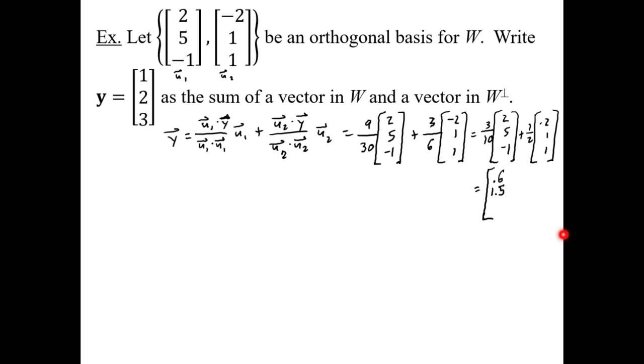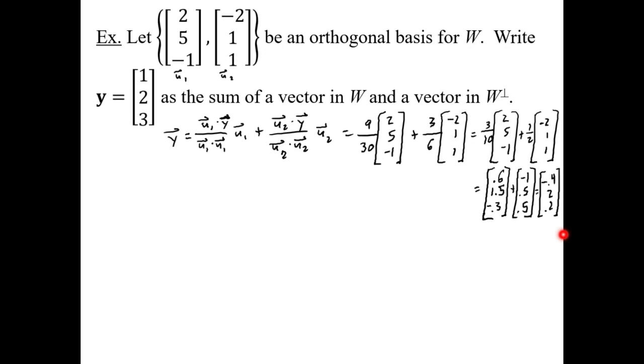And 0.3 times -1 would be -0.3. Should have left myself more space. Oh well. Half of -2 is -1. Half of 1 is 0.5, and then 0.5. Finally add these together, and I'm getting negative 0.4, 2, and 0.2. Okay, so there's my y hat.